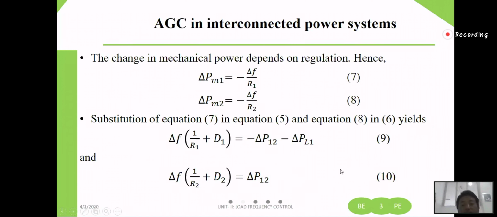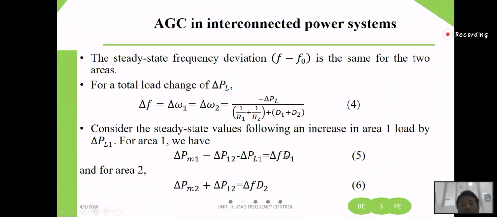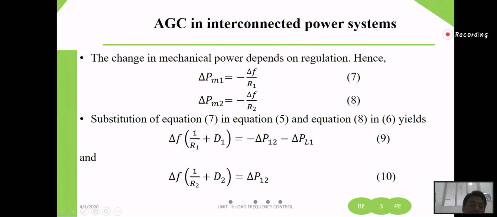You try to do this on rough paper when you revise: take equation 7, substitute del PM1 or whatever it may be, and you will definitely get equations 9 and 10.